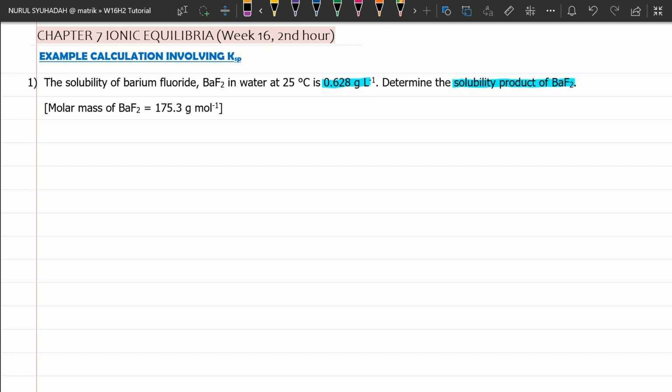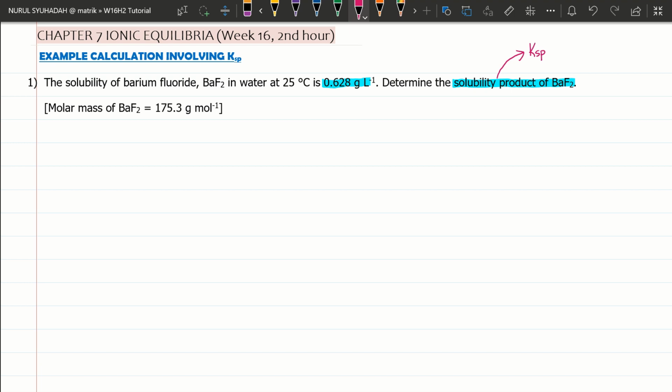Okay, now here you need to make sure that you understand the term correctly. Sebab sometimes dalam soalan, okay, like this one, they just mention perkataan solubility product sahaja. Okay, so what is solubility product? Awak mesti tahu solubility product ni adalah KSP. So here in this question, it asks you to find what is the KSP value for BaF2.